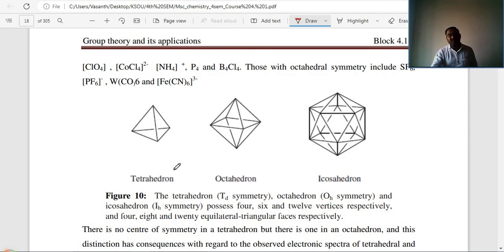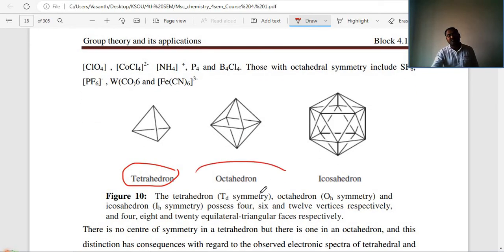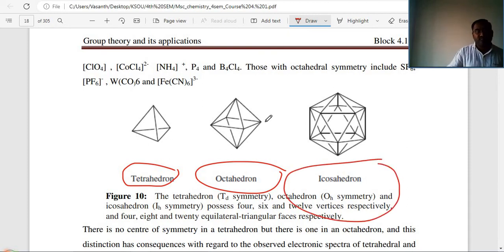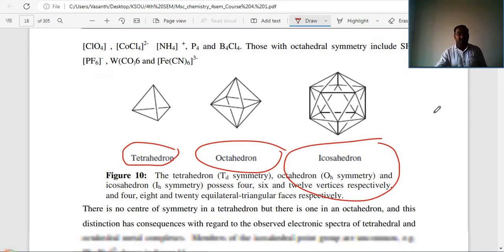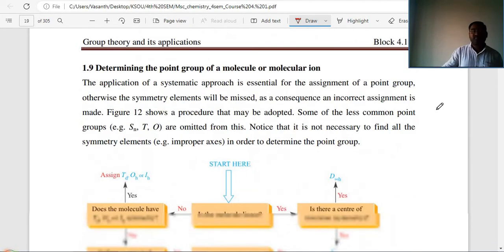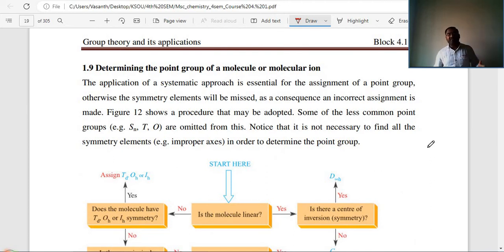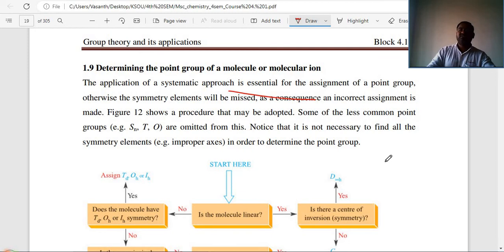Next we consider this tetrahedral structure, this octahedral structure; these are all octahedral symmetry molecules. Next, determining the point group of a molecule or molecular ion. How to determine that? The application of a systematic approach is essential for the assignment of a point group. Otherwise, symmetry elements will be missed.